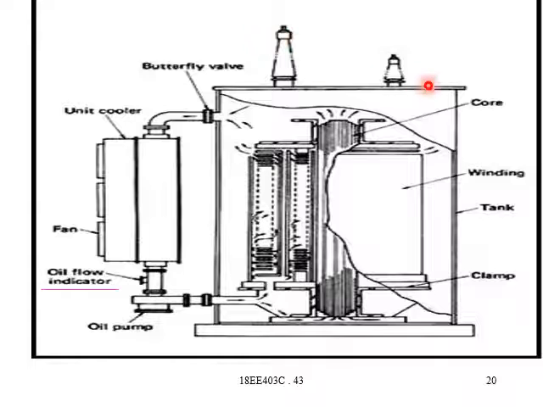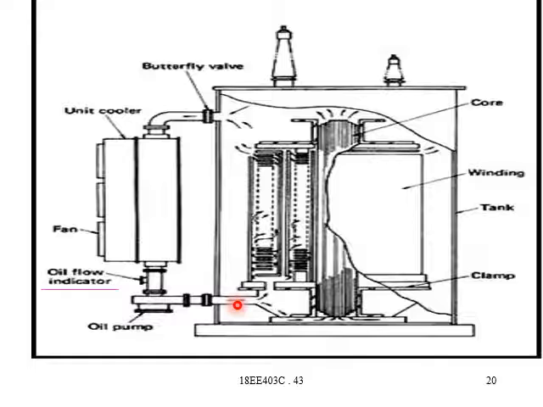Now these are bushings. The bigger one is for HV bushing and this is for LV bushing. And here you can see the unit cooler, which is nothing but cooling tubes or a radiator whereby the oil circulates through it.